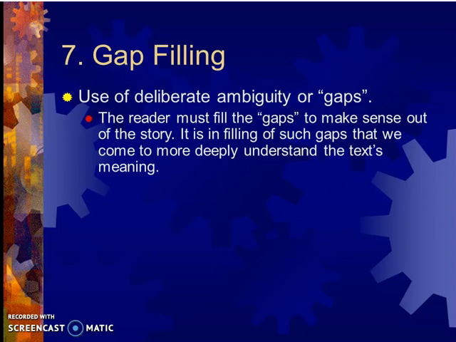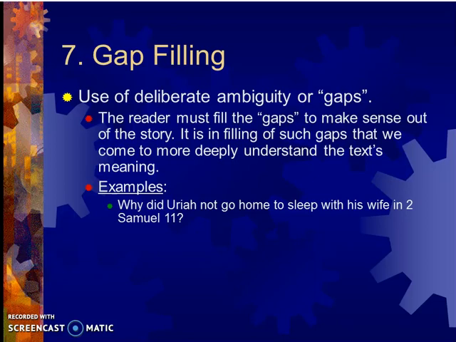And indeed, it's in filling such gaps that we come to a deeper understanding of a text's meaning. So, for example, and we mentioned this before, why did Uriah the Hittite not go home to sleep with his wife, as David basically tells him to in 2 Samuel chapter 11?